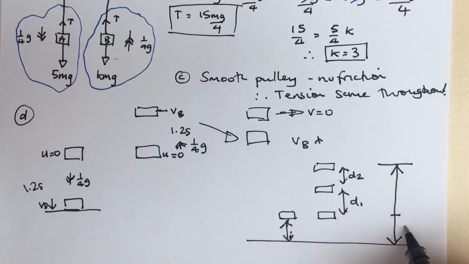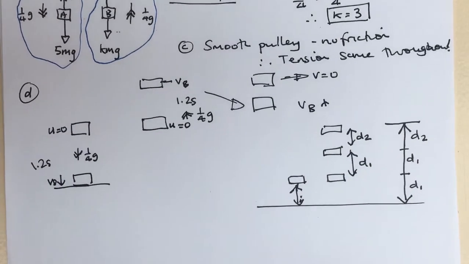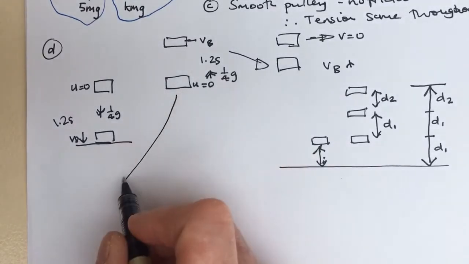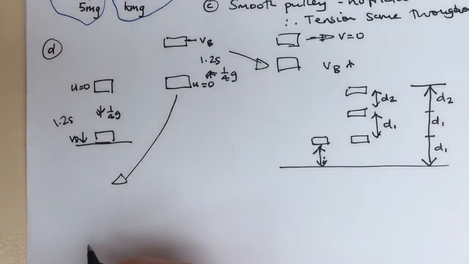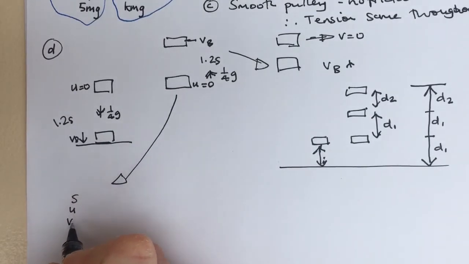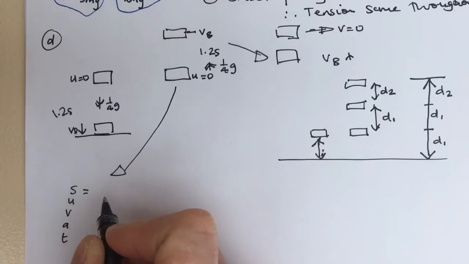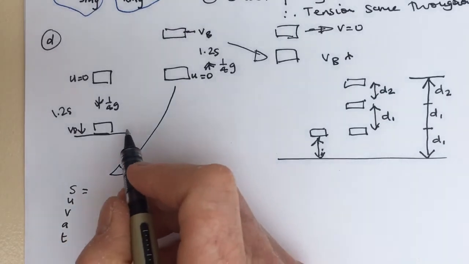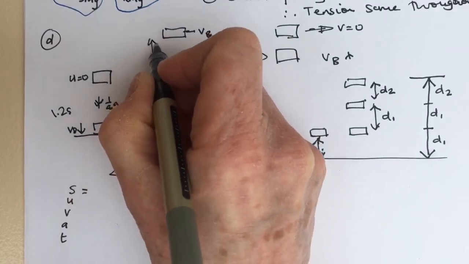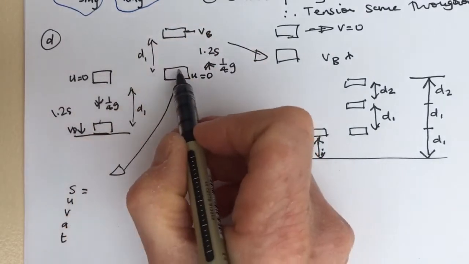So we would have D1, D1 and D2. That's the overall final answer that we're looking for. If you look at these bits individually, if I look at this portion and I use suvat, my s is D1, and as one moves down, the other one moves up.